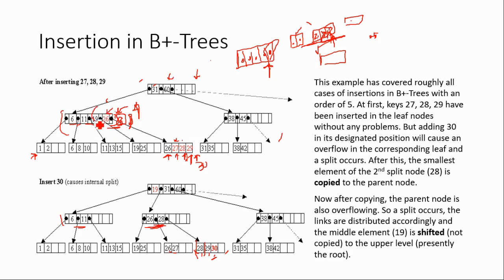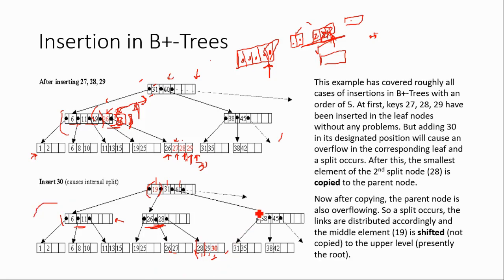The middle element is 19, and it is in neither of them, and it is shifted to the parent node. Here it is the root. Now after adding, this root now has 3 elements, 19, 31 and 60. So this is the final tree that we have.